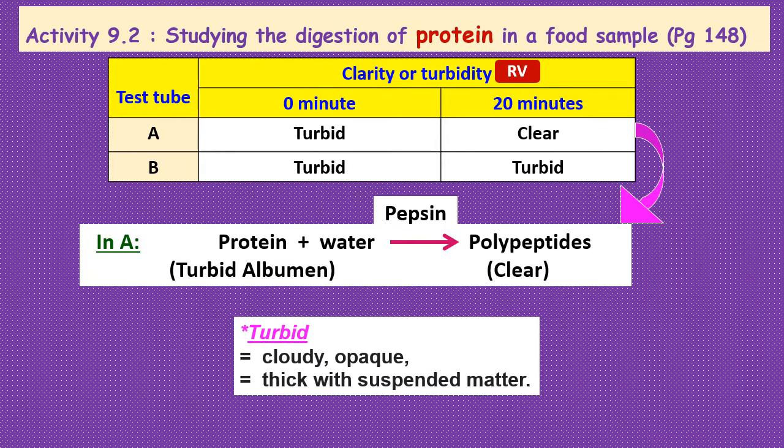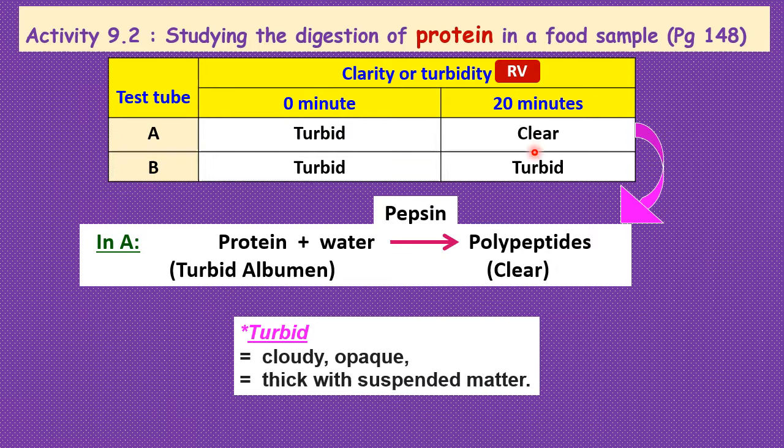Let us look at the results of our experiment here. In test tube A and B, at the beginning of the experiment, both were turbid or cloudy due to the presence of albumin. After leaving the apparatus aside for 20 minutes, test tube A has turned clear, no longer cloudy or turbid.